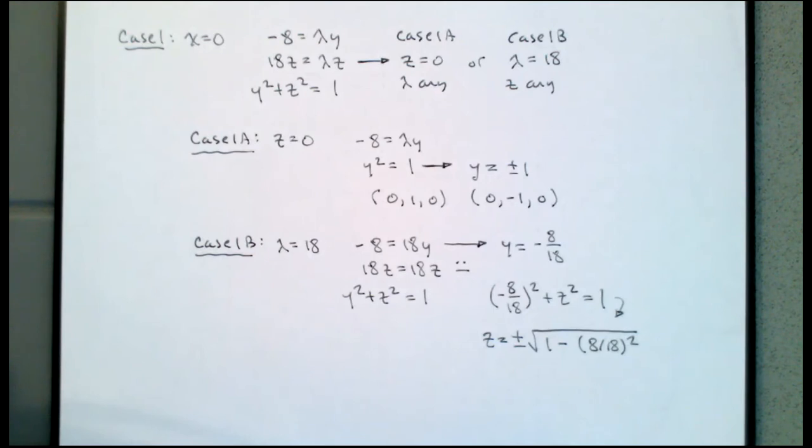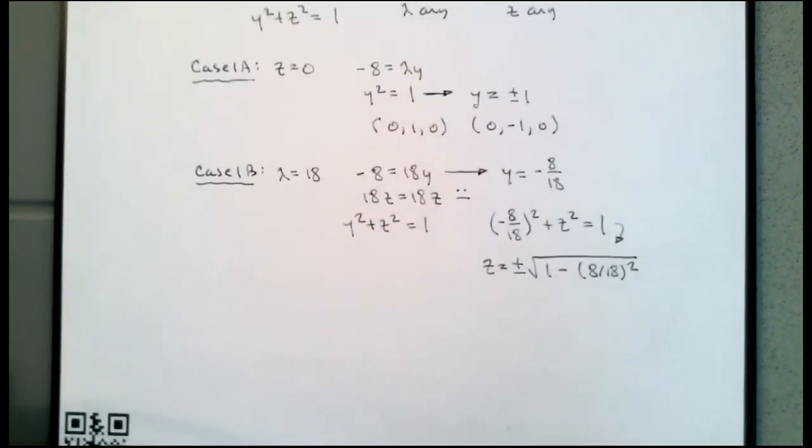So now, in this case, here are two values of z. I need to know what these are. So this looks like the square root of 260 over 18, the square will drop out.